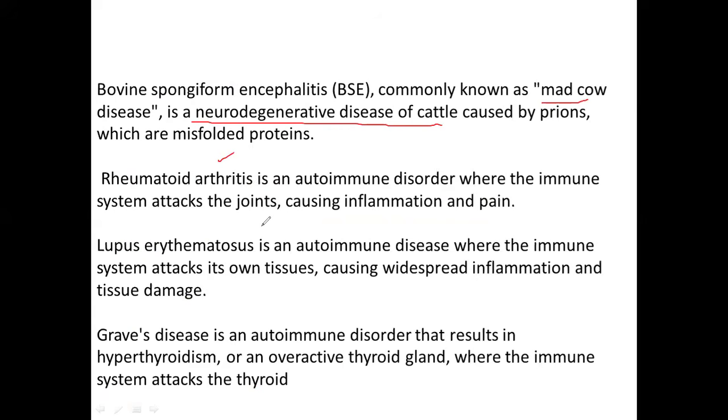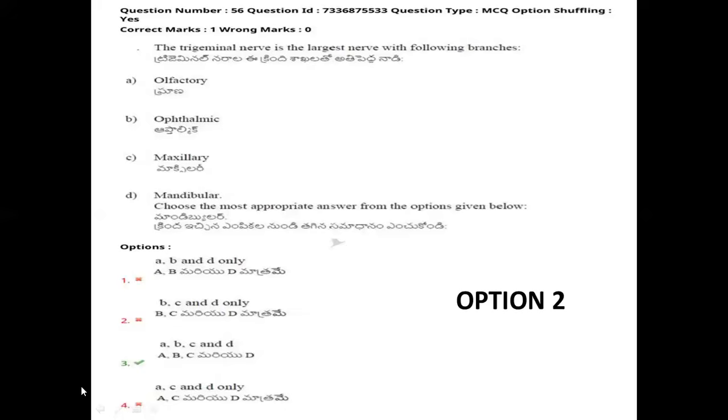Lupus, it is again an inflammation and different kinds of tissues will be affected by this. Next is Graves' disease, which is caused by the overaction or overreaction of the thyroid gland, or hyperthyroidism. So these are all the autoimmune disorders except the bovine spongiform encephalopathy. So for that question, option 4 is correct.